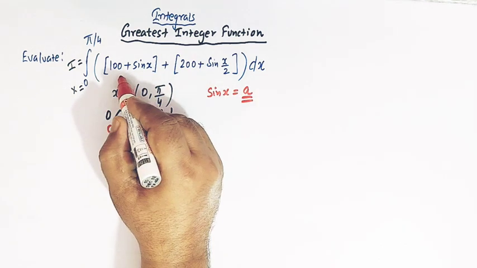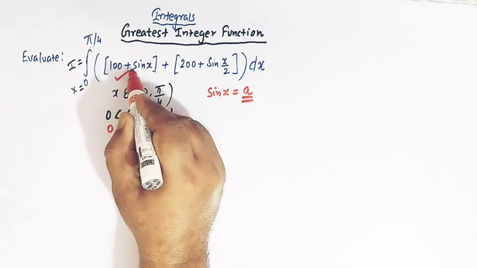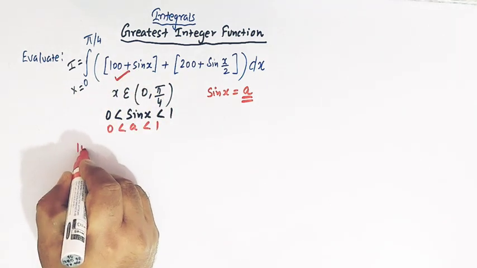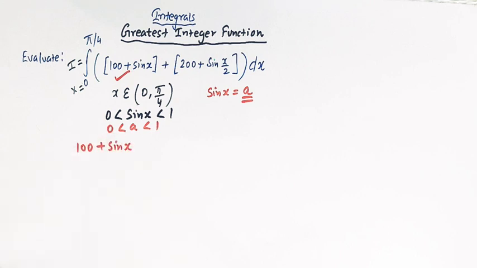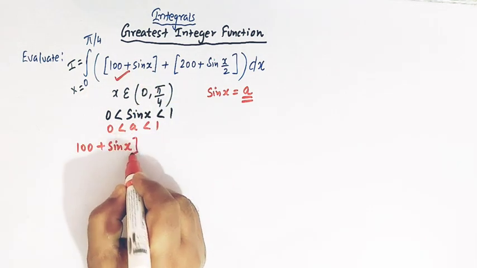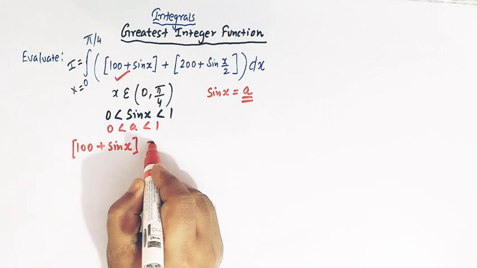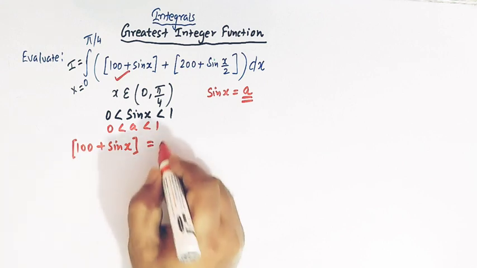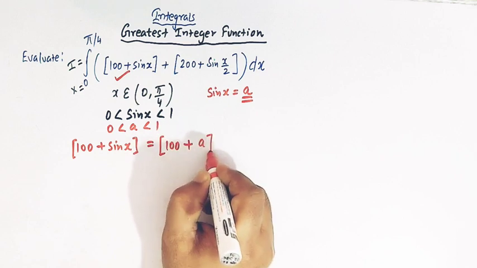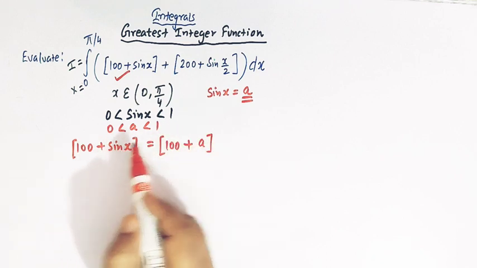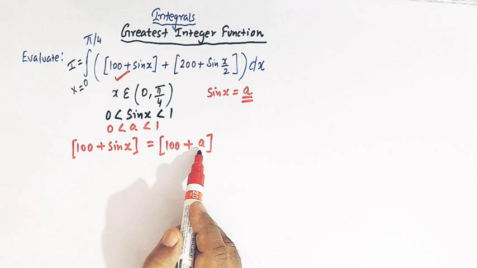Now let us first consider the first term, 100 plus sine x. We can take the greatest integer of 100 plus sine x, and write it as 100 plus a, where we have taken sine x equal to a.